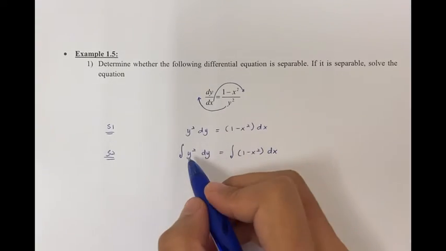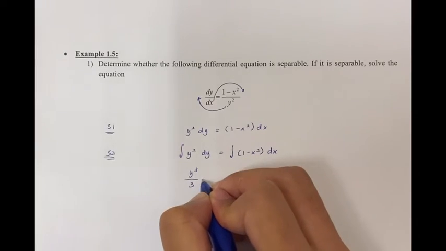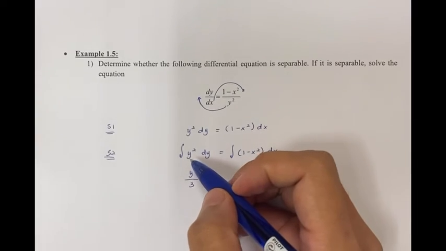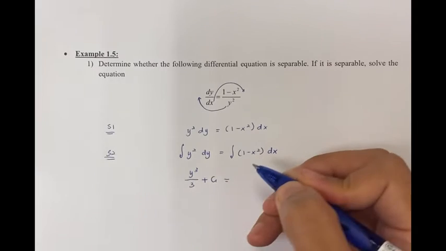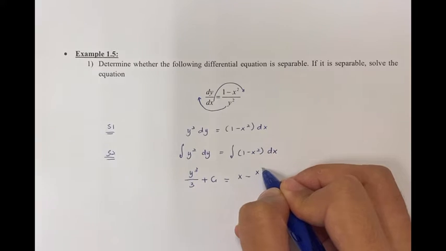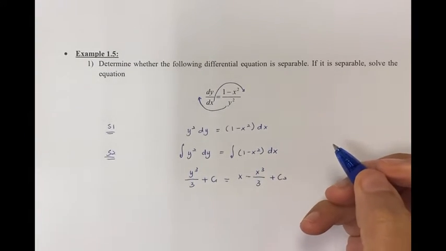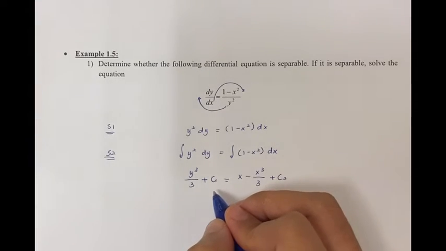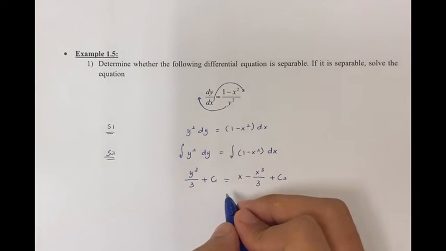Integrate y squared, you have y cubed over 3 plus c1. c1 is the constant because you just do the indefinite integration. This is equal to, integrating 1, you have x minus x cubed over 3 plus c2. Then move everything to the right hand side except for y.